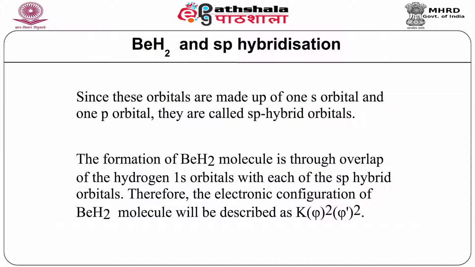The formation of beryllium hydride molecule is through overlap of the hydrogen 1s orbitals with each of the sp hybrid orbitals. Therefore, the electronic configuration of beryllium hydride molecule will be described as K phi 2 phi prime 2.